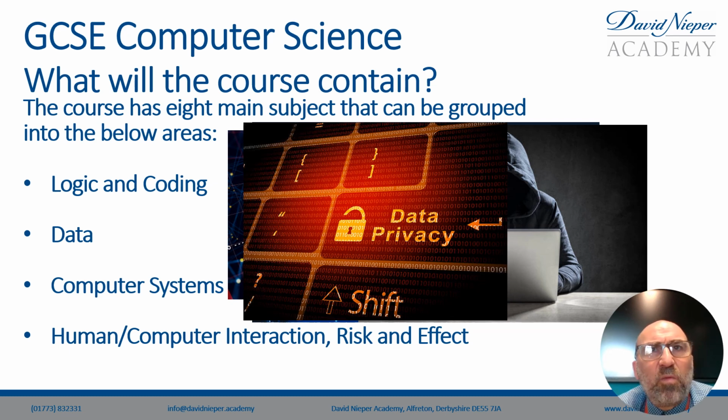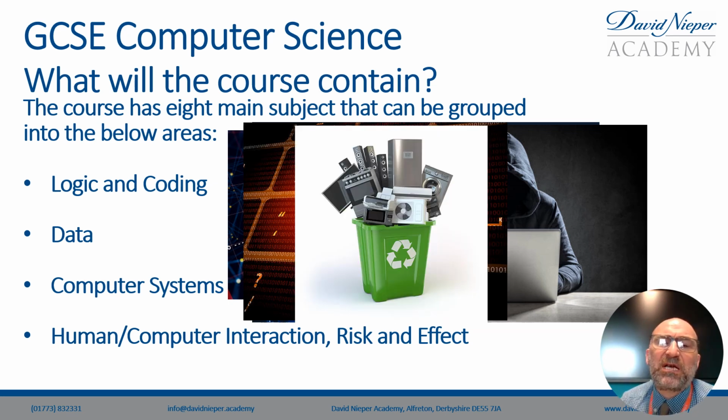And we try and allow you to understand how computers can be affected by things like hacking. We'd also take a look at the ethical issues and the legal and environmental impacts of computers and of digital technology. And that's a more softer area of the computer curriculum.